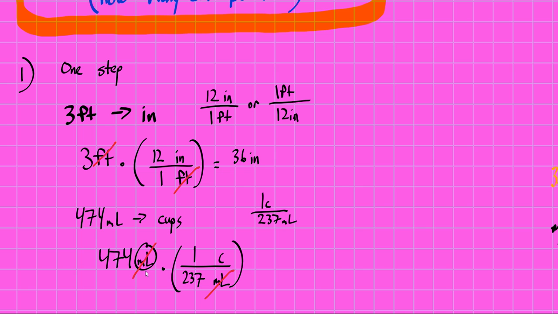So I have 474 milliliters times 1 over 237. And 474 times 1 over 237, you can do as a fraction. No problem there. Or you can do it as 474 times 1 and then divide by 237. Either way, you get 2. And the only unit remaining is cups.